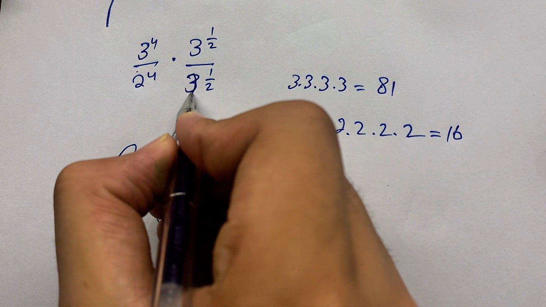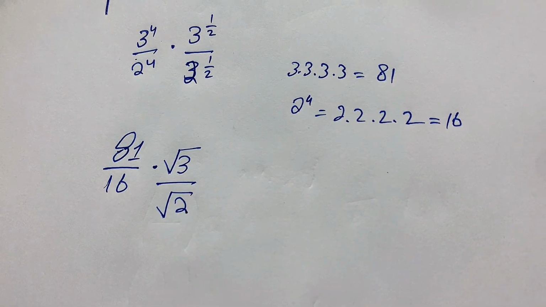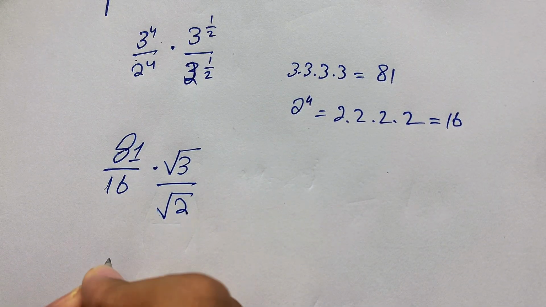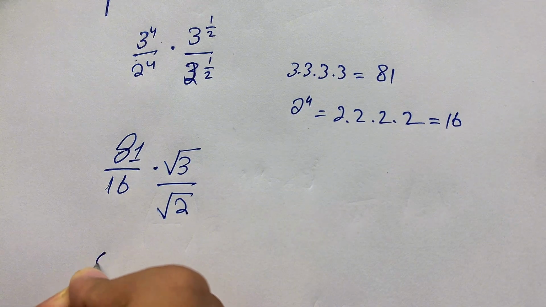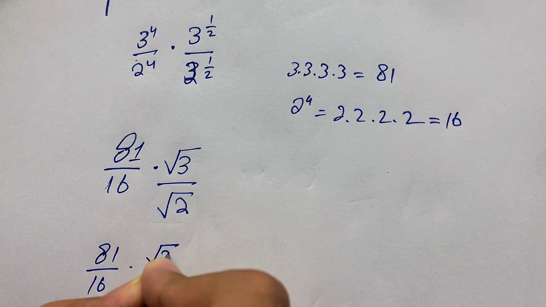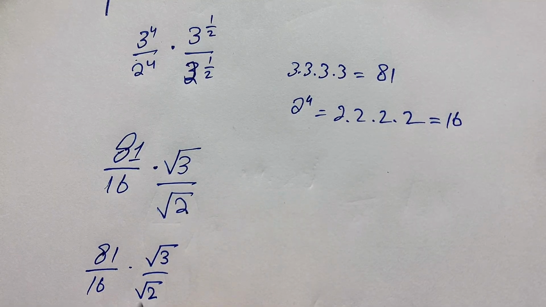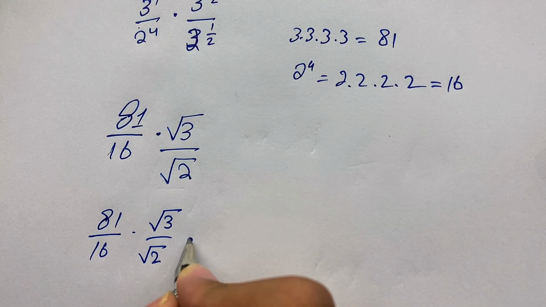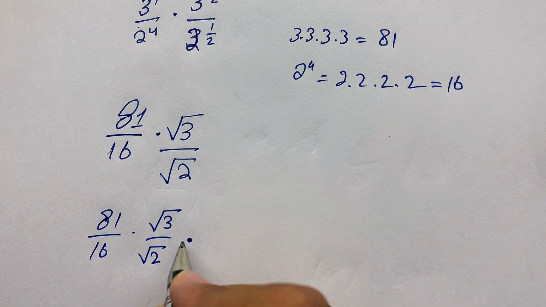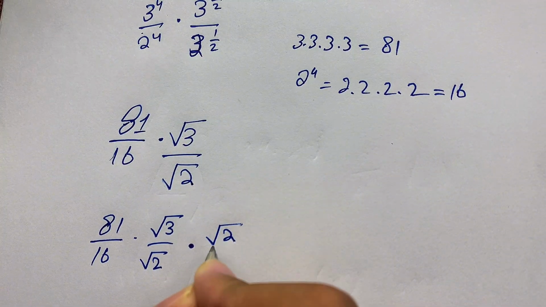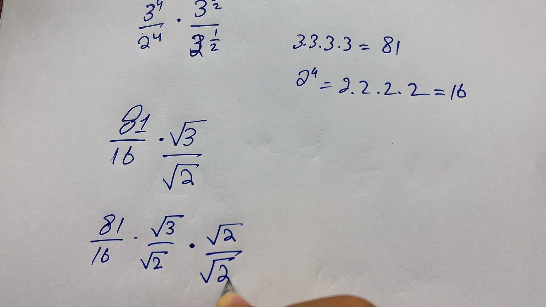This we multiply by under root of 2 divided by under root of 2.